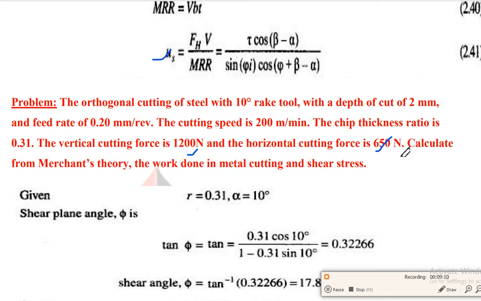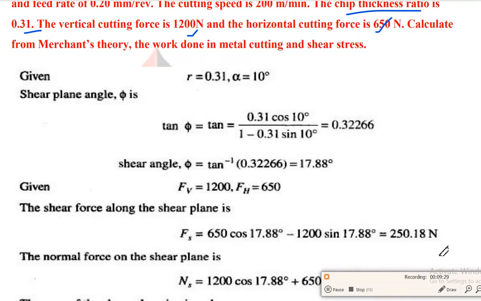From the given data, we find that the value of r is equal to 0.31. This is the chip thickness ratio, and the value of the rake angle is 10 degrees. Now we can find the value of the shear plane angle. tan phi is equal to r cos alpha by 1 minus r sin alpha, as we found in the previous derivations.